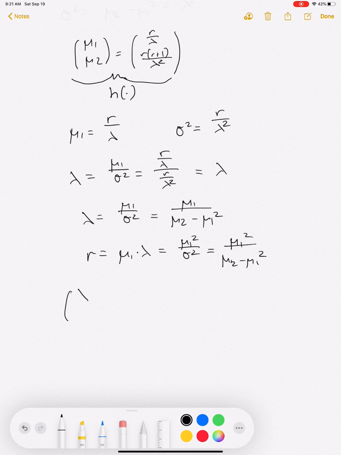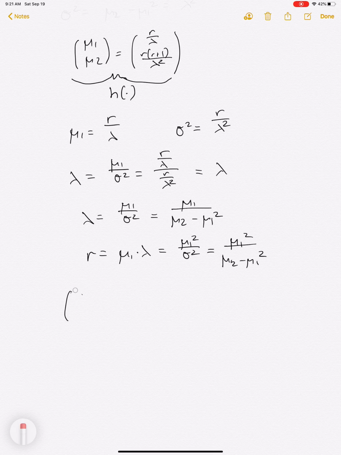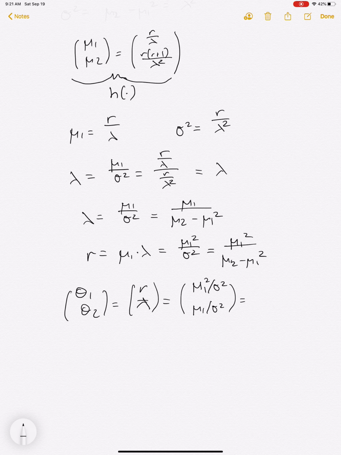So I'll just use this notation here. Theta 1, theta 2, which is just r and lambda, equals mu1 squared over sigma squared, and then mu1 over sigma squared, or equivalently, you can think of it as mu1 squared over mu2 minus mu1 squared, and then mu1 over mu2 minus mu1 squared.